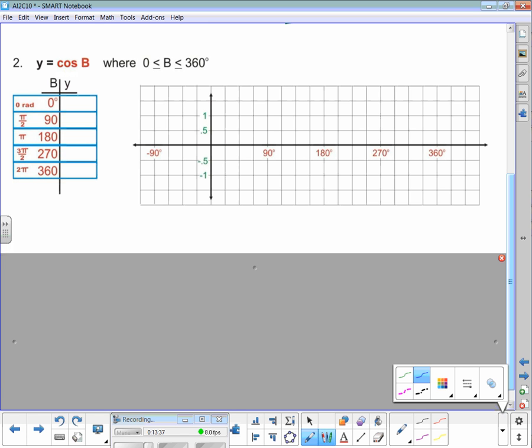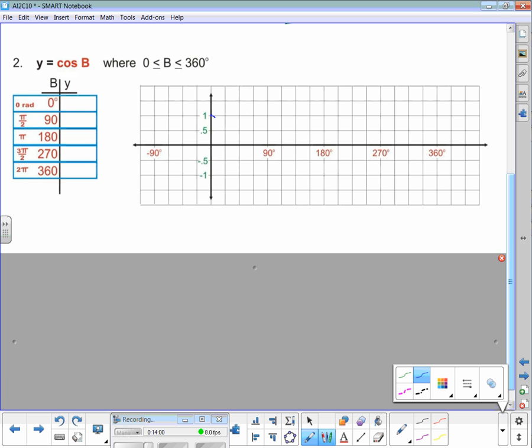Now, by the way, you need to learn the key points because if not, you just try an XY chart. If you don't know what's going on with the wave, then you could find all the points in one area and think, for example, let me show you. Don't put this in yours. So let's suppose you don't know what the wave looks like, and you just find a bunch of values on your calculator. And let's say you start punching in numbers like you normally do in algebra, and you punch in 1 and 2 and 3 and 4 and 5 and 6.